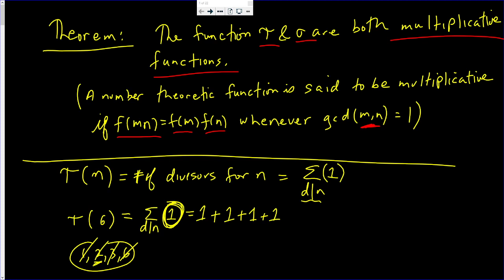That is also 1. Oh, 4. Oh, 4 divisors. Works perfectly. It adds up the number of divisors. It counts the number of divisors. If somebody tells you tau of 6 is 4, that means 6 has 4 positive divisors.